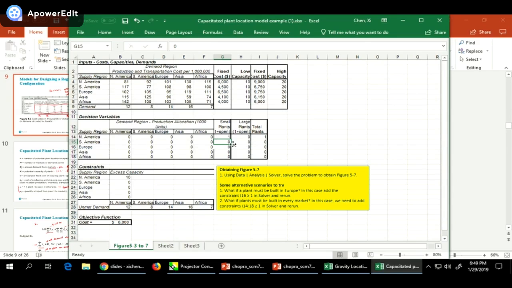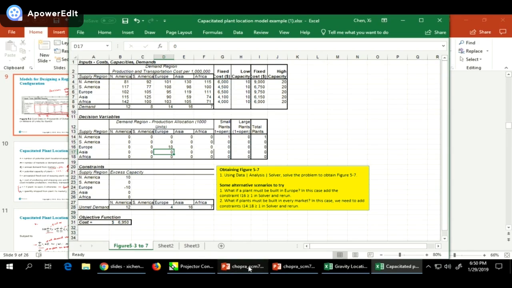And if I want to deliver 10 units of product from Europe to satisfy demand in Europe, that's also going to change my objective function. Of course, right now I'm not considering the constraints yet. Okay. So here we took care of decision variables and objective function. Then we need to look at constraints.